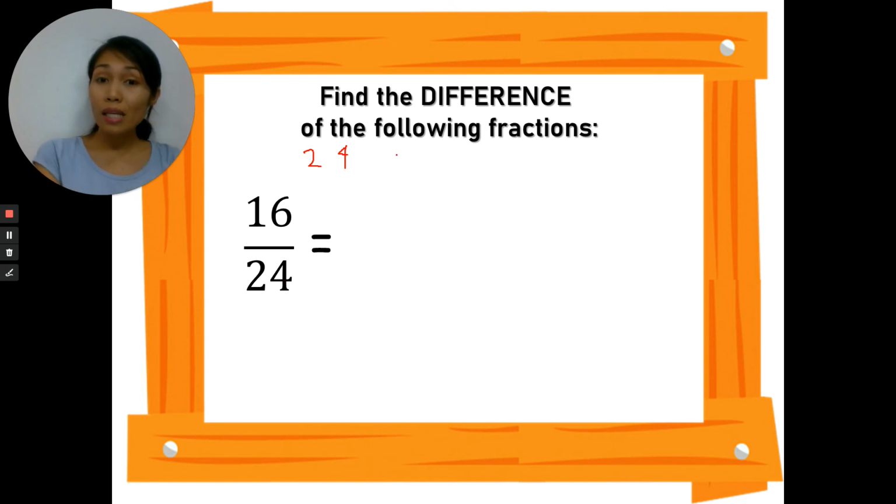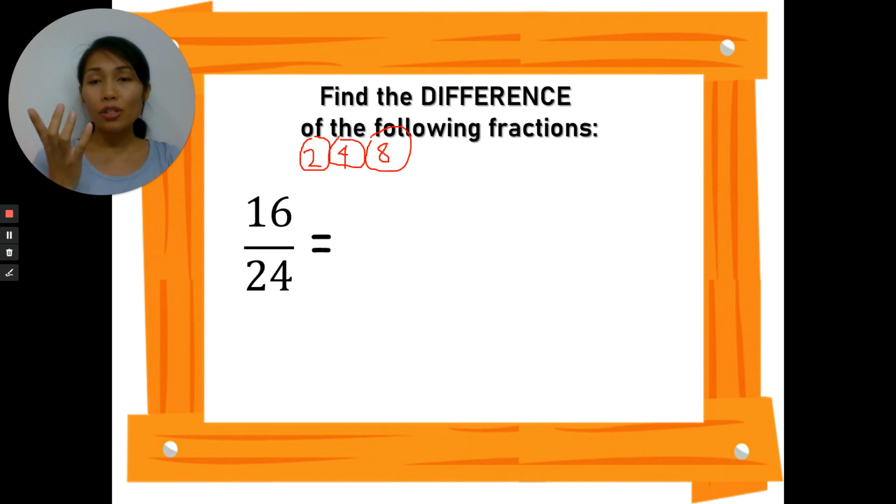We can also use 8 as factor in here. 16 divided by 8 is 2, and 24 divided by 8 is 3. So which one would you like to use here? Okay, as the tip I've told you a while ago, use factors with greater value.